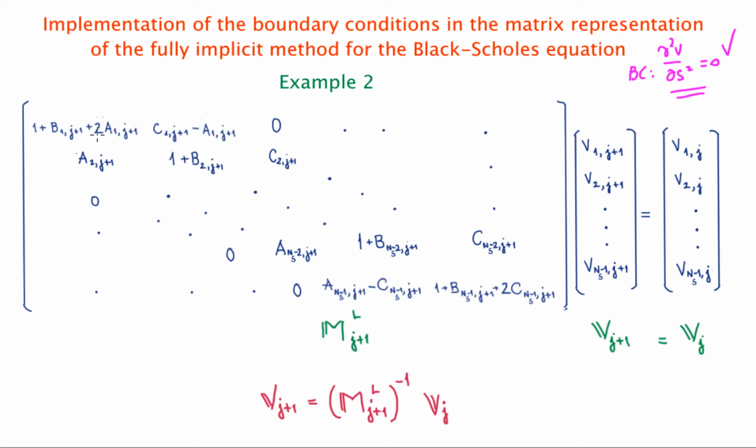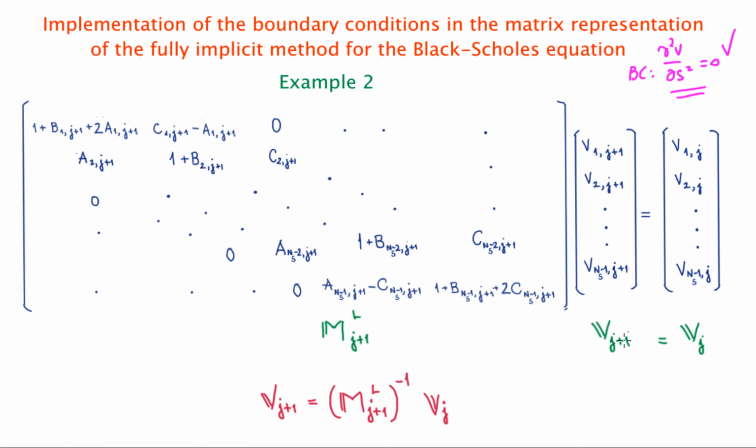As you can see, we just have this square matrix, which we call the M matrix, on the left, evaluated at time j plus 1. These are the column elements that we need to know in order to have the full information on the values of the options, because the ones at the borders are related with these ones, evaluated at time j plus 1, and these are the V elements evaluated at time j.